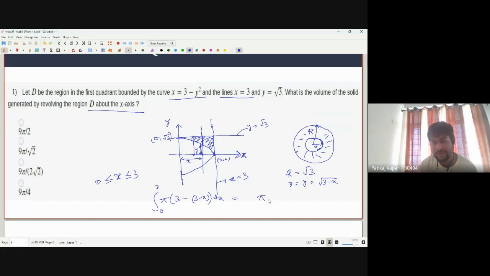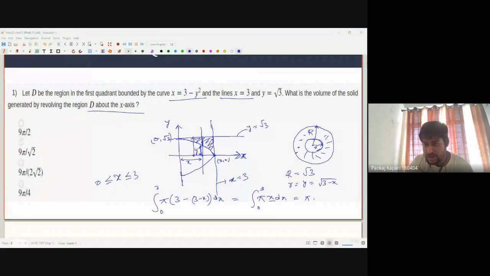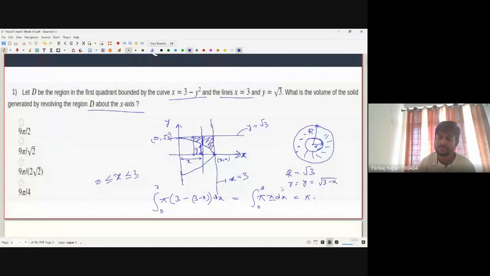Then you have pi times x dx from 0 to 3. So pi x square by 2. The integral of x will be x square by 2. Then you put in the upper and lower limits. If you put in the upper limit, then you get 9 by 2, right? Because the integral is x square by 2. So it's pi times 9 by 2.